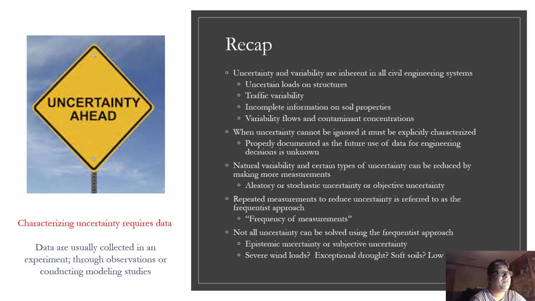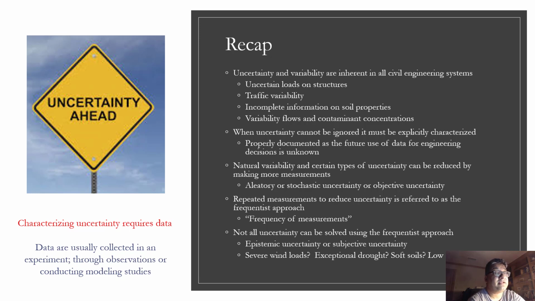We have uncertain loads on structures, traffic variability, incomplete information on soil properties, and variability of flows and contaminant concentrations. When uncertainty cannot be ignored, it must be characterized. We need to properly document what we collect, because the future use of that data for engineering decisions is unknown. Natural variability and certain types of uncertainty can be reduced by making more measurements, or at least we can better characterize that uncertainty.